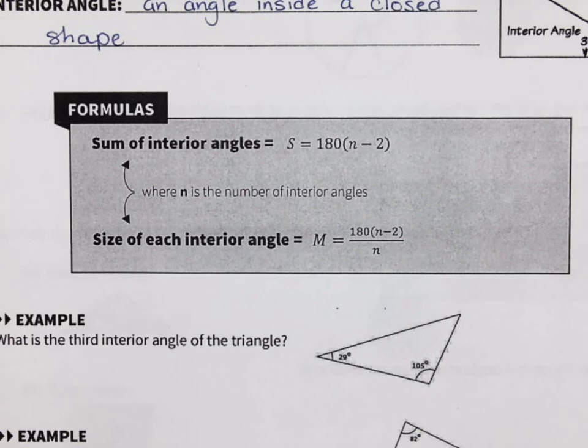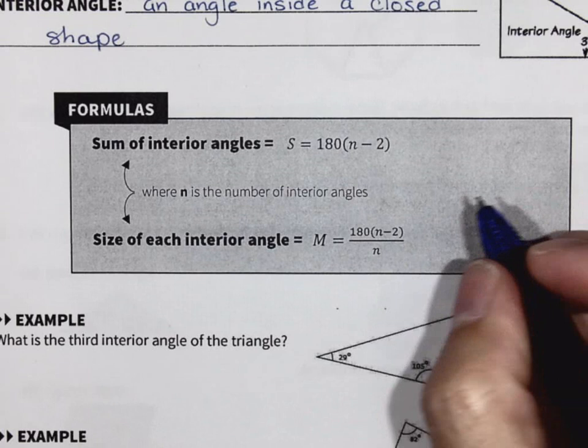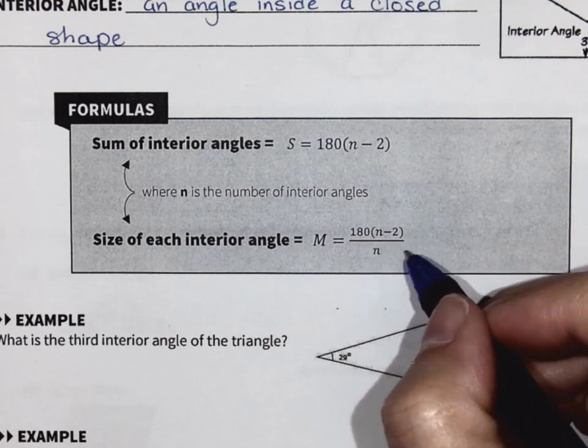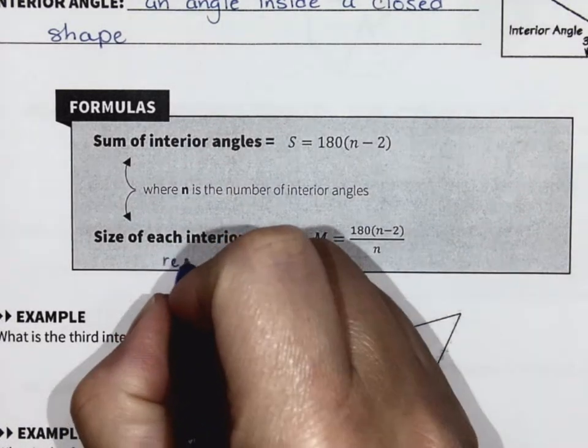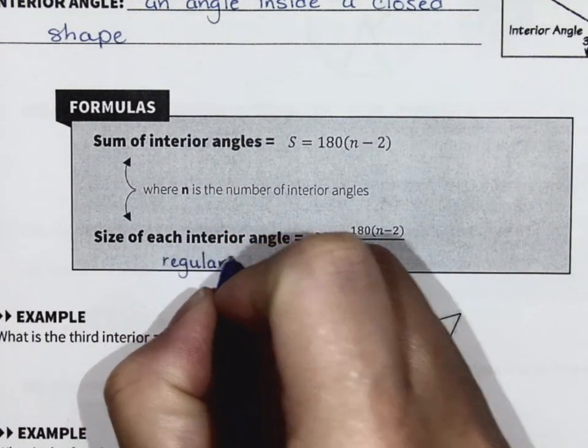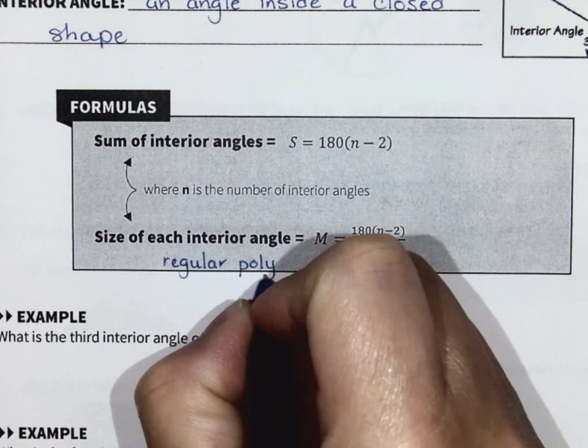We would do this when it is a regular polygon. If you remember what regular means, it means that all of our sides are the same. So we would use this in a regular polygon.